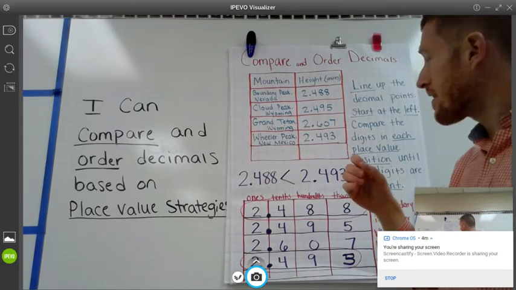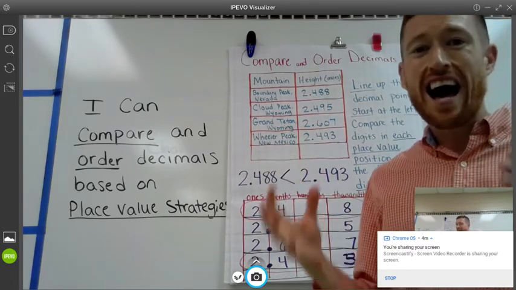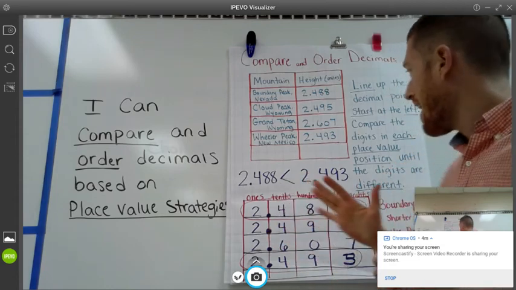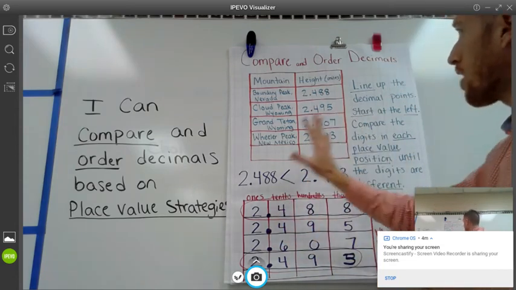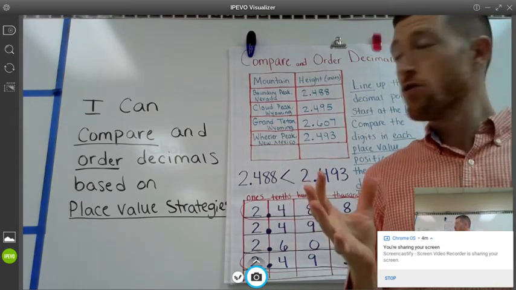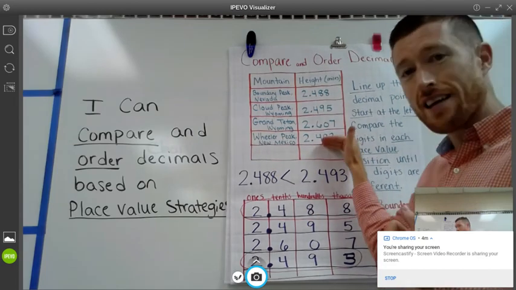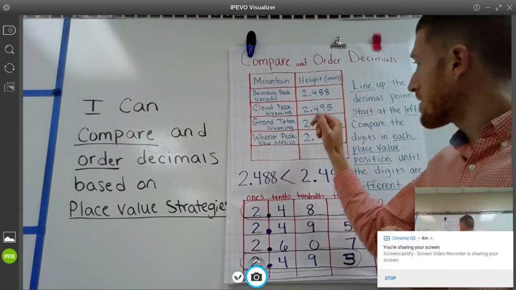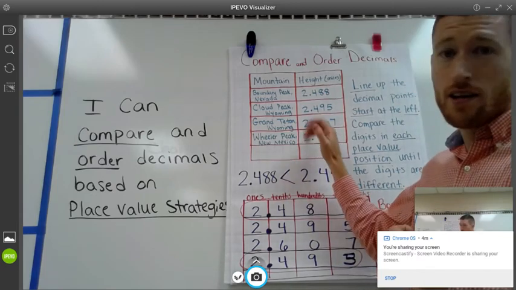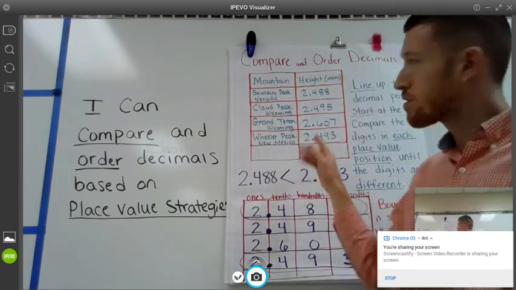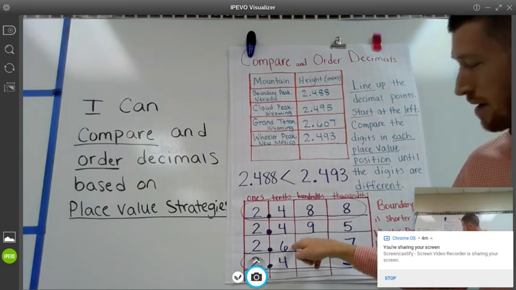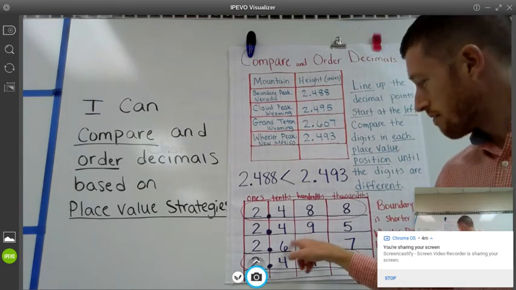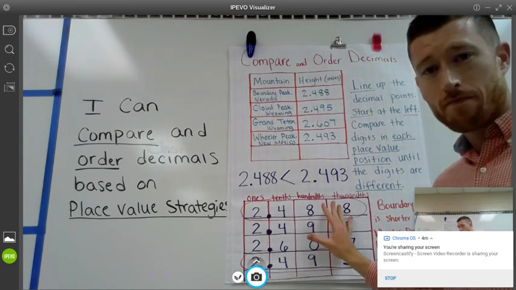So what that tells us is Grand Teton is the highest mountain. I haven't said that anywhere on our anchor chart because there wasn't enough room, but that's something you can get from this data set: Grand Teton is the highest mountain because of the 6 in the tenths place. You don't have to look at any more numbers because that 6 tells you immediately that it is higher. These other numbers don't even matter.